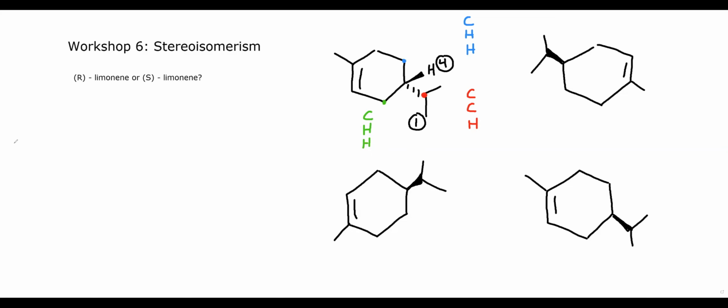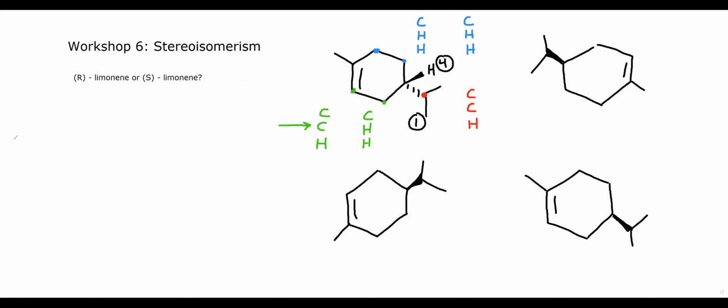So going down the blue chain here, we have, again, a carbon connected to one carbon and two hydrogens. Going down the green chain, we have a carbon connected to two carbons. It's double bonded, and it has one hydrogen. So the green chain actually gets an additional carbon first.